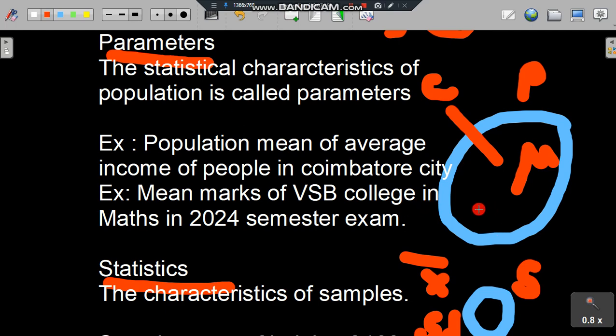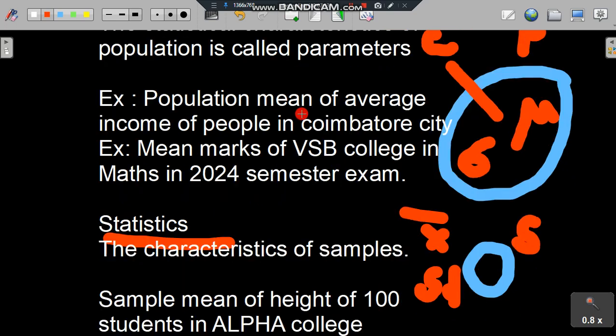Another one is sigma, the population standard deviation. That is another example of a parameter.